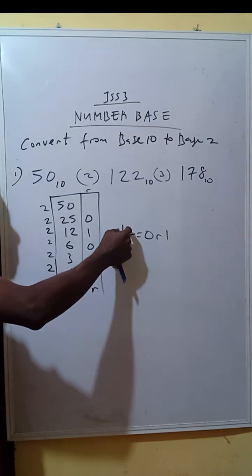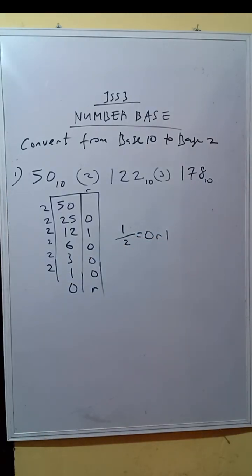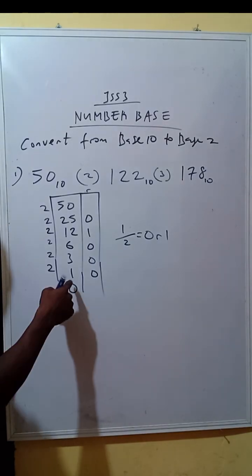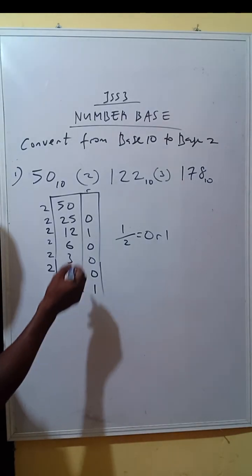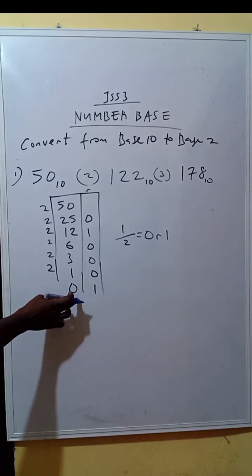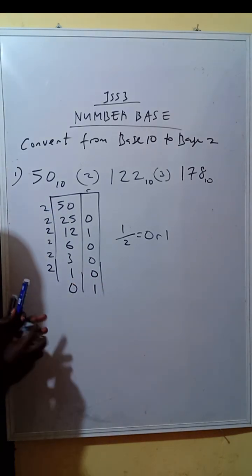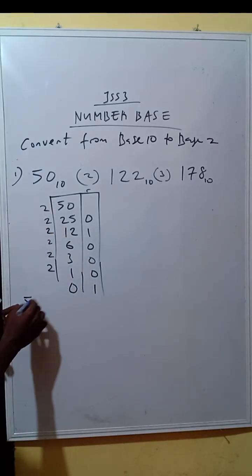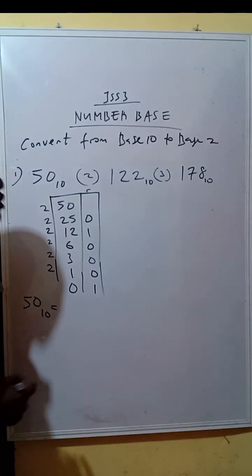So it's 0, remainder this 1 here. So 1 divided by 2 is 0, remainder what? 1. So you divide until you get 0.